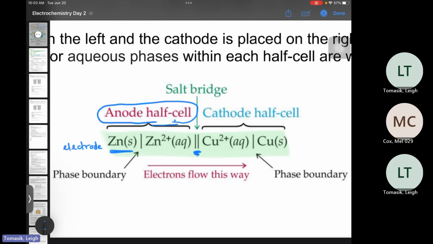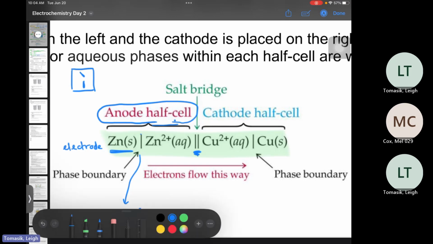This is not a capital I. This is on your keyboard. It's called a pipe, and it is usually located a few keys over from the P on your keyboard. It's usually on a key with the backslash. So they have the backslash on top and the pipe on the bottom, or the other way around, actually.